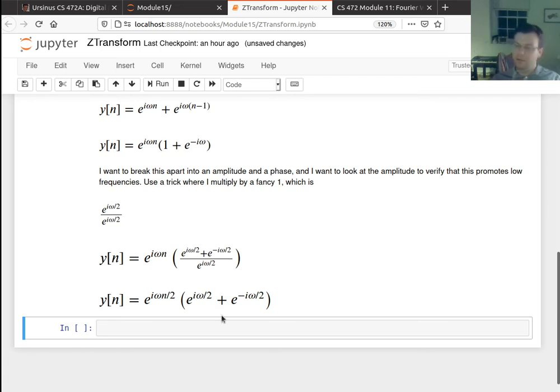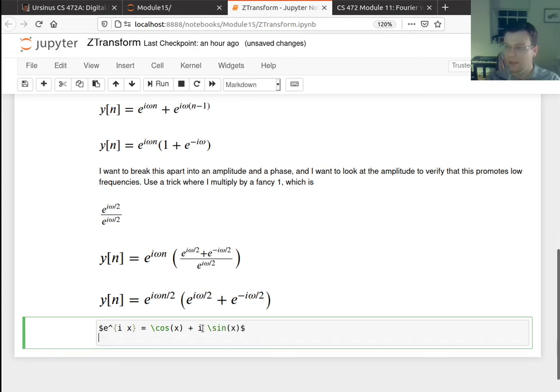So here's where I use an interesting fact. If you remember, e to the i x is equal to cosine of x plus i sine of x. What this means is also that e to the ix plus e to the negative ix is equal to cosine of x plus i sine x plus cosine of negative x plus i sine of negative x.